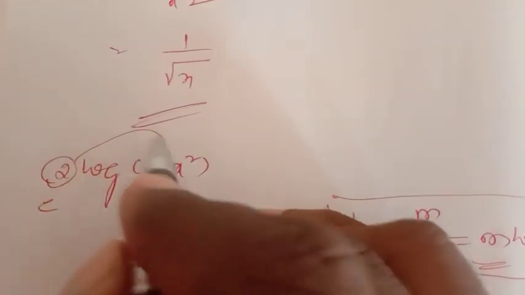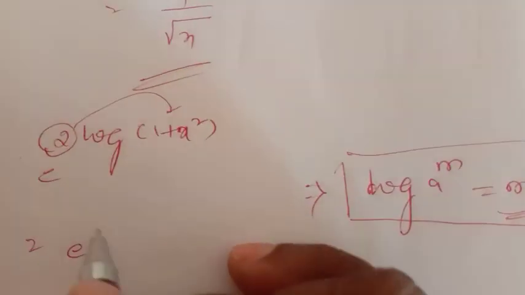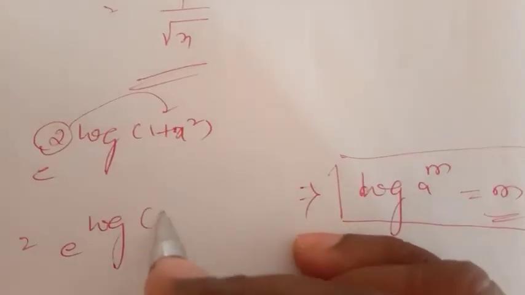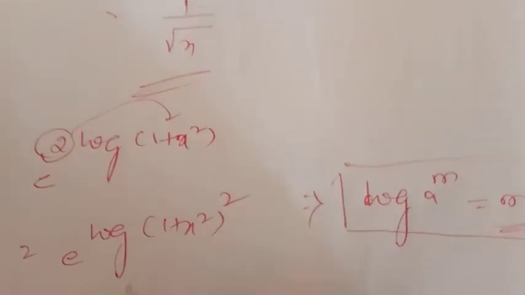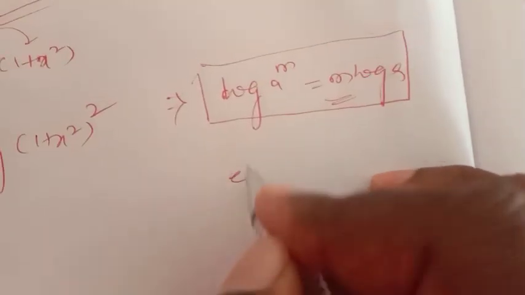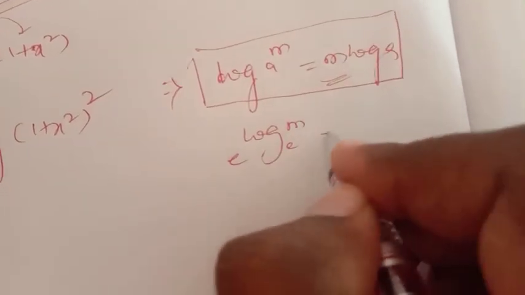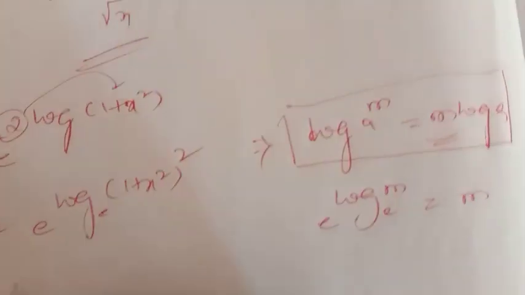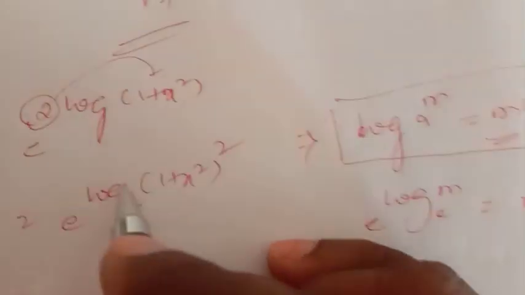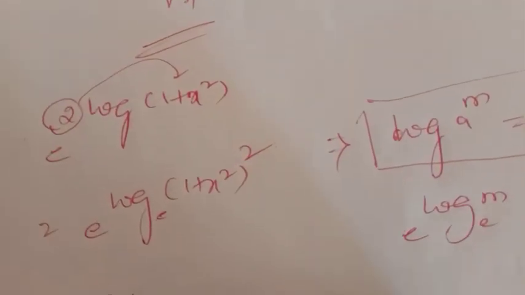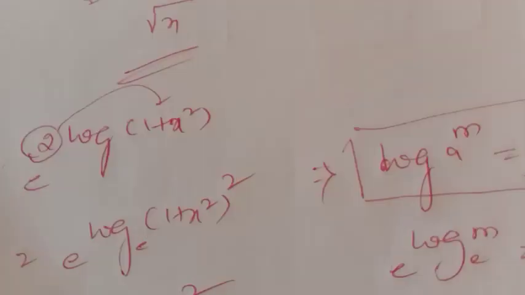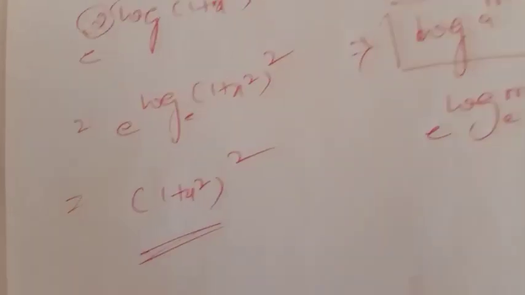Here m equals 2, so it can be written as e power log of 1 plus x square whole square. Again we have e power log m base e equals m, so exponential and logarithm get cancelled. We have 1 plus x square whole square as the answer of this problem.